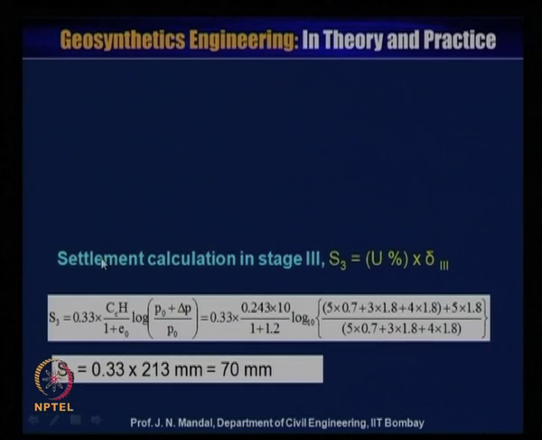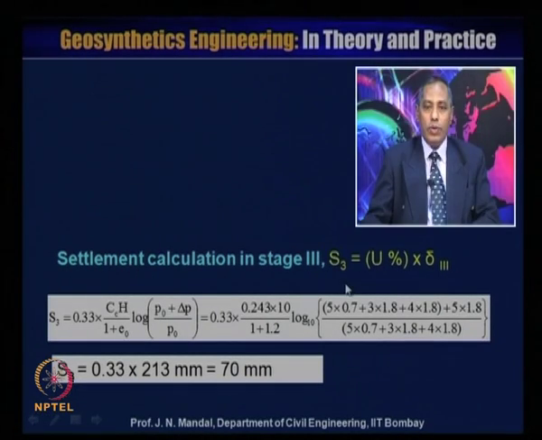Now, similarly, you can calculate settlement in stage 3. That is S3 will be equal to U percentage into delta 3. That means S3 is equal to U is 33 percentage, 0.33, into Cc into H divided by 1 plus E0, log of P0 plus delta P divided by P0.